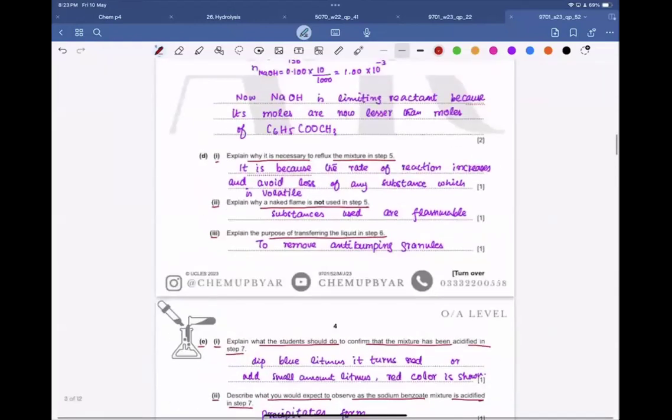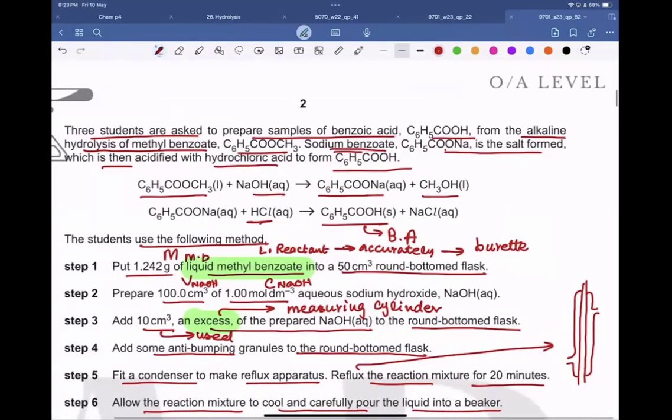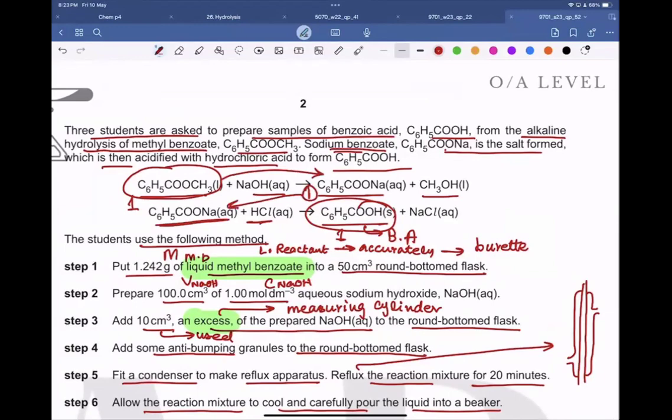And if you look over here in the equation, there is 1 mole of this substance and 1 mole of this substance. So the ratio between these two is going to be 1:1. Because 1 mole of this substance is forming 1 mole of this, and this 1 mole of product is being used over here, producing 1 mole of benzoic acid.